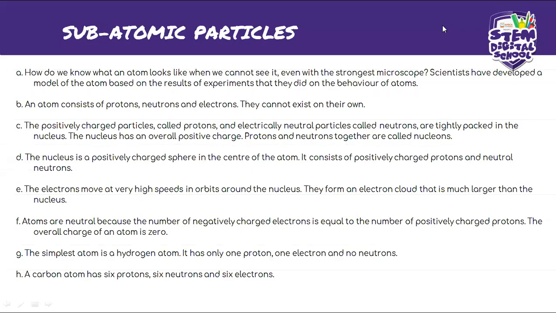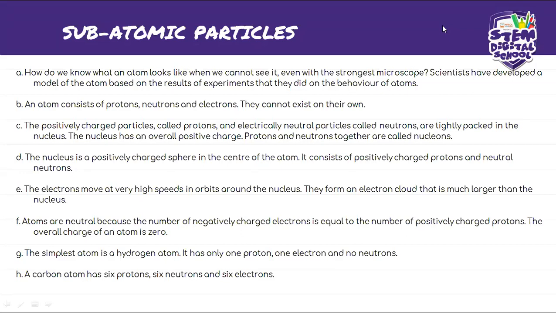Somebody got it right. The overall charge of the nucleus is positive. Now, why is the overall charge of the nucleus positive? You remember in the nucleus, we have the protons and the neutrons.